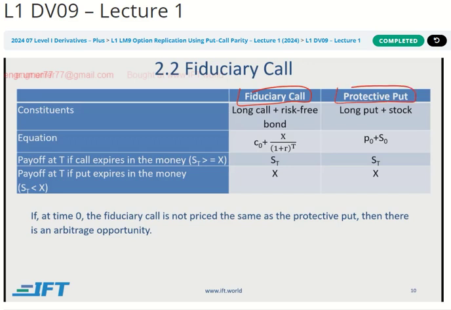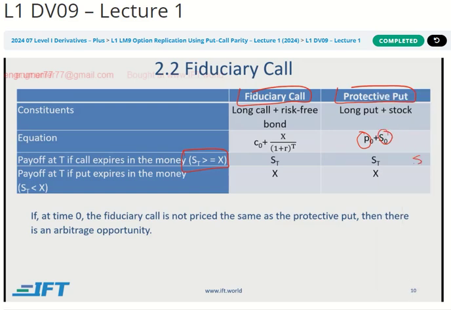And that is again demonstrated over here, that if you have a protective put, which is the put option and the stock, and the spot price is greater than the exercise price, which means this is the $400 scenario.